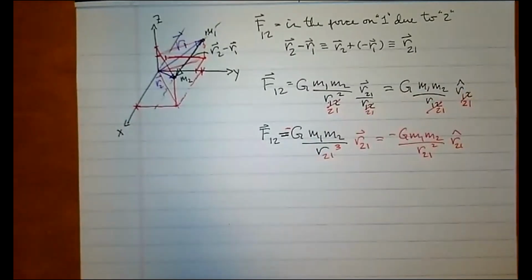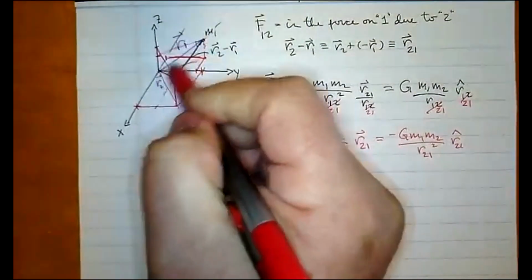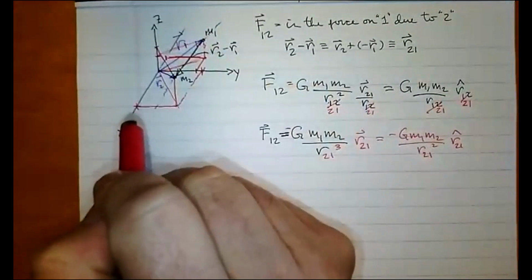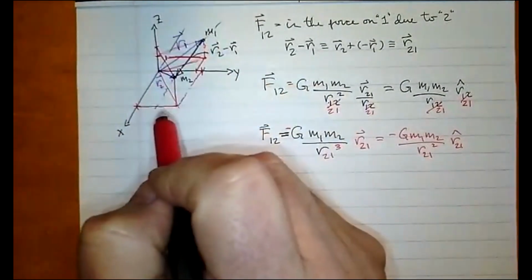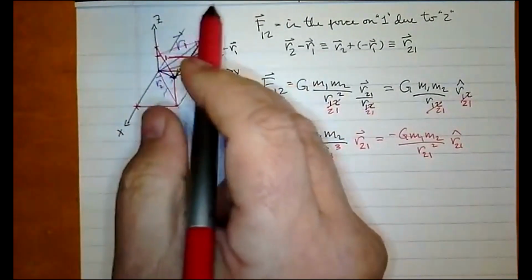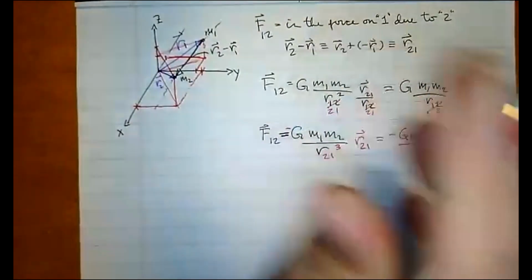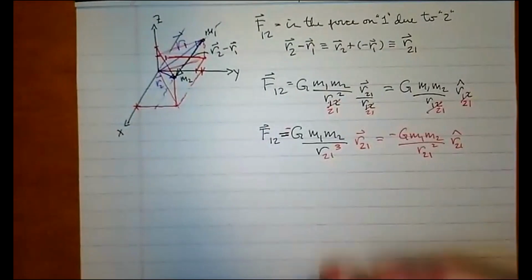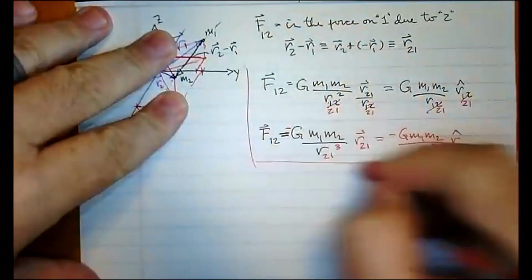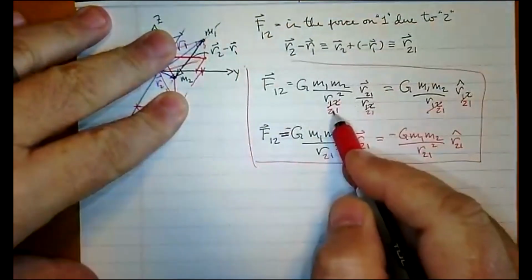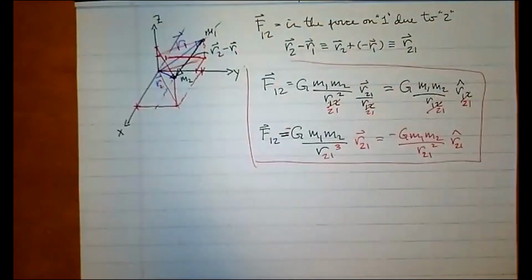But you see how this gives you a brute force method of finding the vector component. You're literally just going to find out what R1 is, find out what R2 is, subtract R1 from R2, and then use that to make a unit vector if you want, and then multiply it. All of these are valid formulas that work, once you correct my 2-1 versus 1-2 mistake.